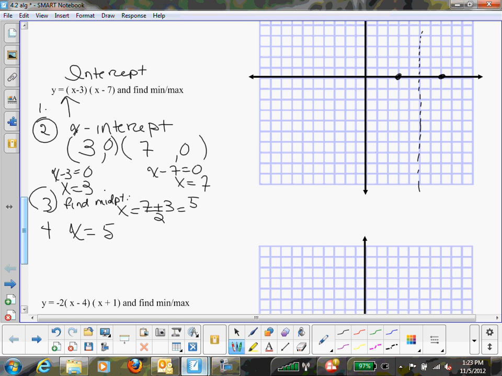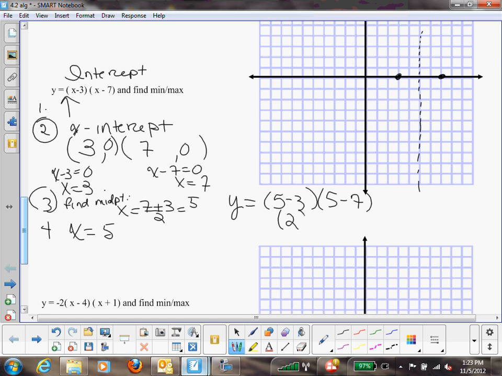All right, my question is going to be, how do I find y? So I know that x is 5, right? And what is that going to give you? 5 minus 3 times 5 minus 7. So that's 2 times negative 2, which is negative 4, and so the vertex then is at (5, negative 4).